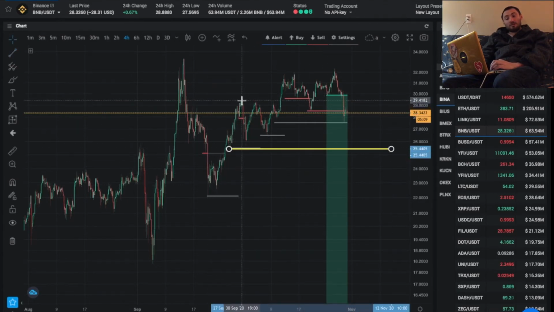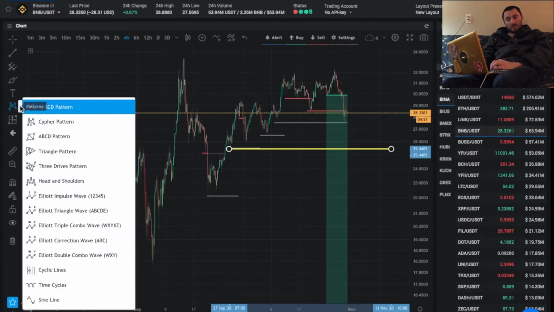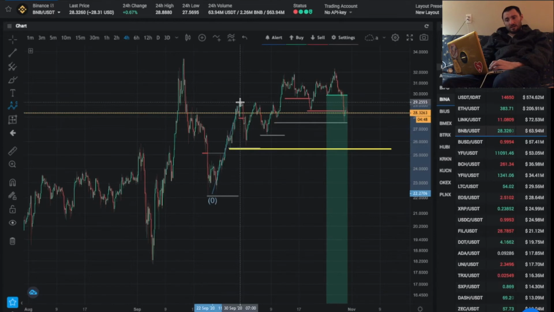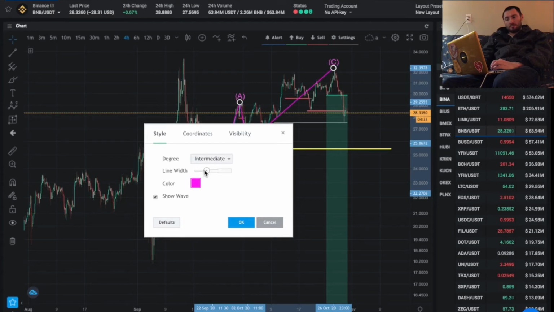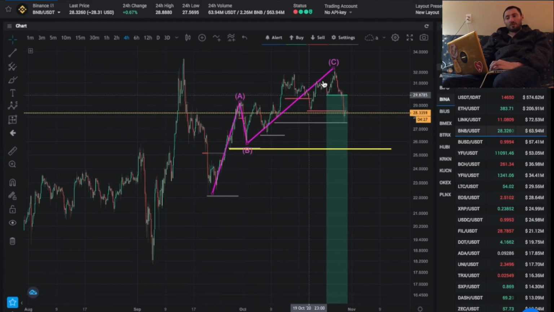This was the major move up, and then we had some take profit. I'm not going to get into the specifics of Elliott wave, but the idea is, let's see if I can get one of these. I think it would be more of an ABC, but this is the idea. Bitcoin mostly, or cryptocurrency mostly, moves in these three-legged moves. 1, 2, 3. 1, 2, 3.